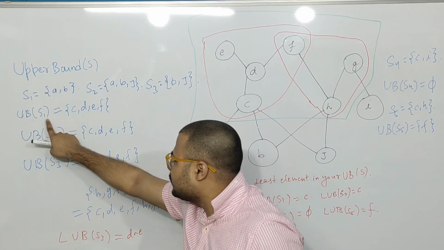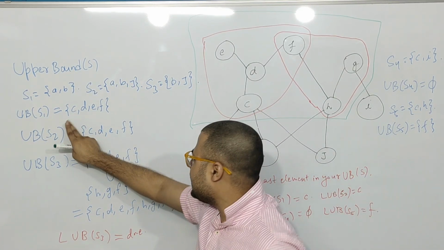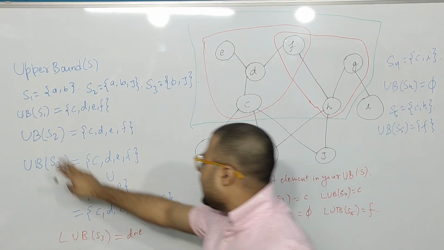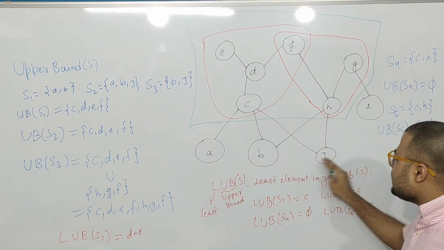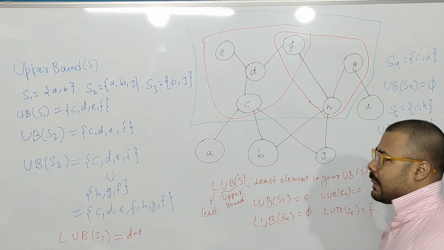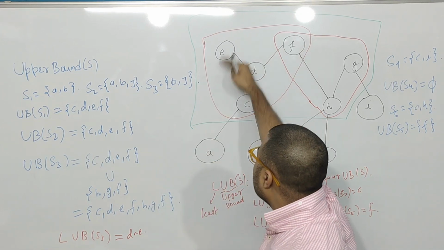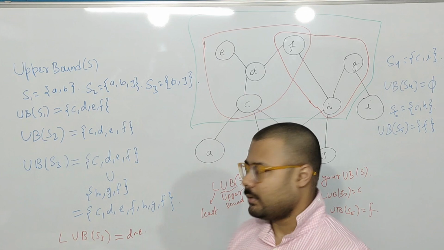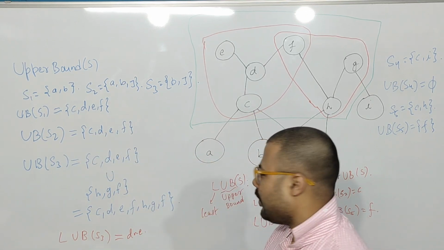So S1, which has A and B, has a unique join point, which is C, and these are your upper bound, and C is your least upper bound. S2, which is A, B, J, has a unique join point, which is C, so everything in the upward direction will be part of your upper bound, and C is your least upper bound, because C is related to every other element in your upper bound.